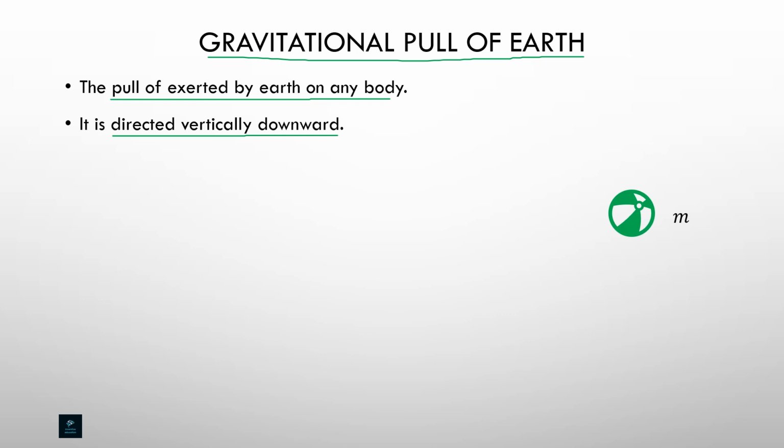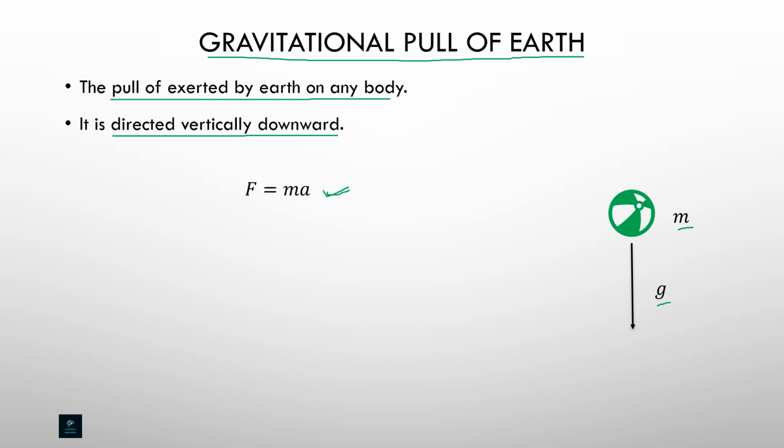Now suppose that we have a body of mass m and the free fall acceleration is g. That means if the body is allowed to fall freely, it will accelerate by g amount. Also from Newton's second law, we know that F is equal to ma.